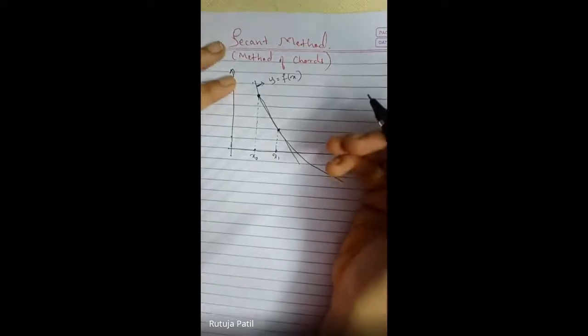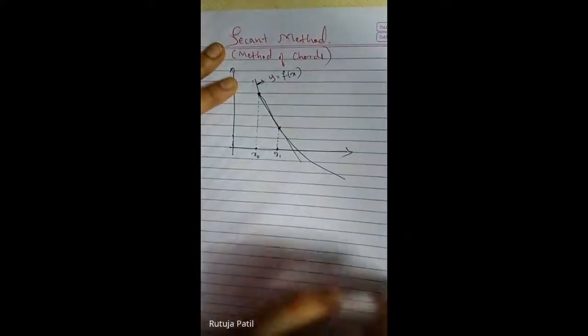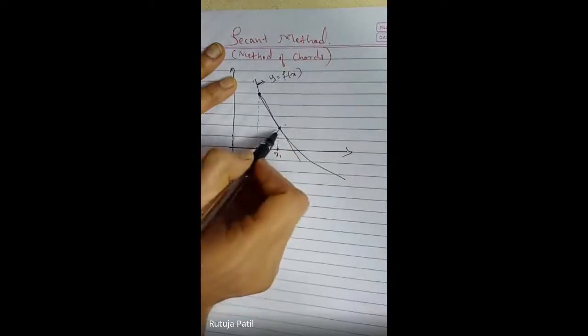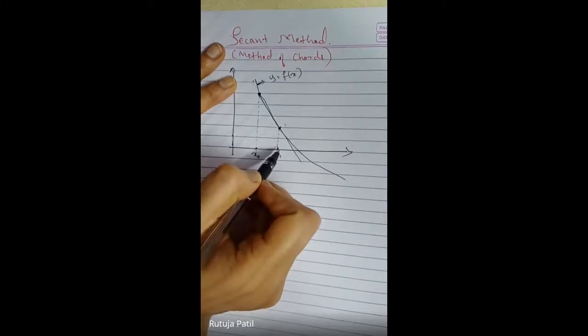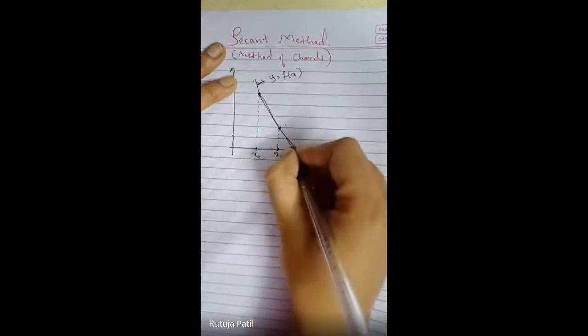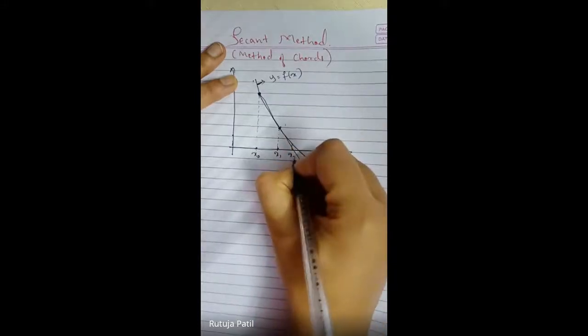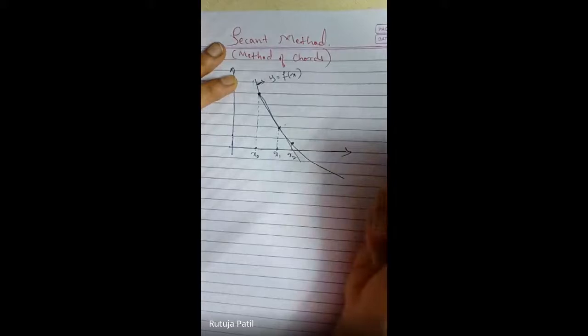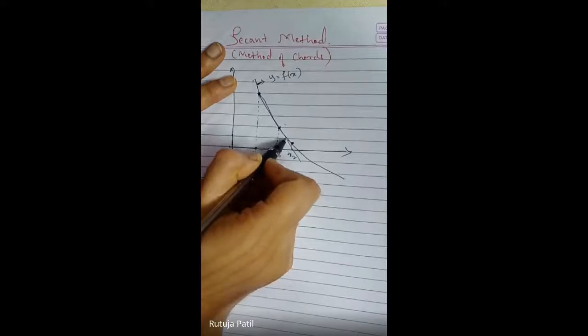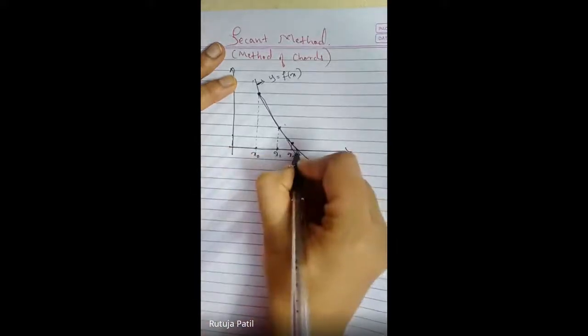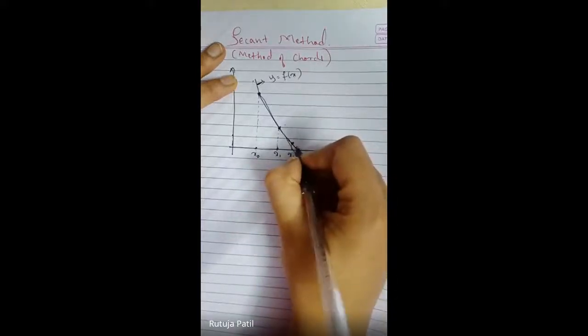Again, if I draw a line from this point, we get x2, and here we get another value for the root. Assume these are just approximate values.